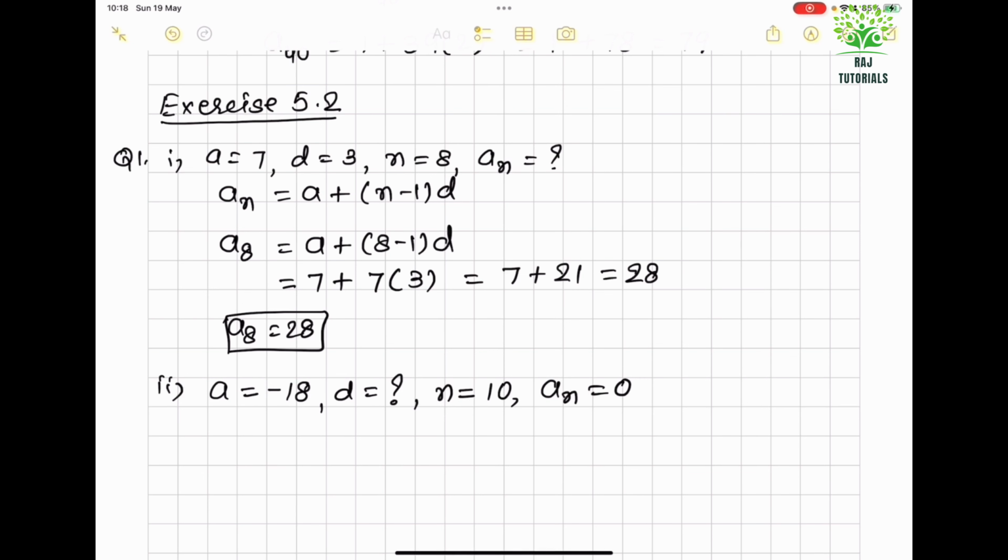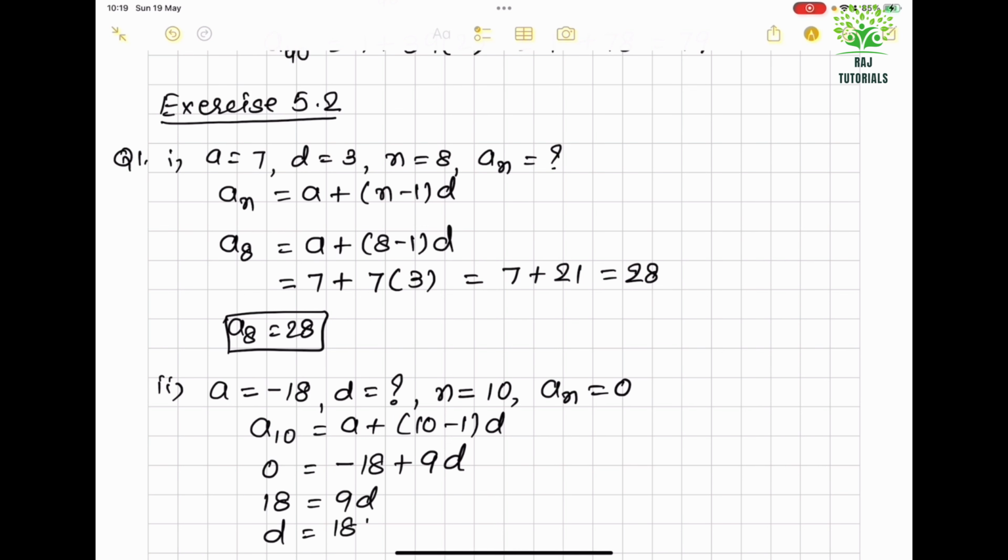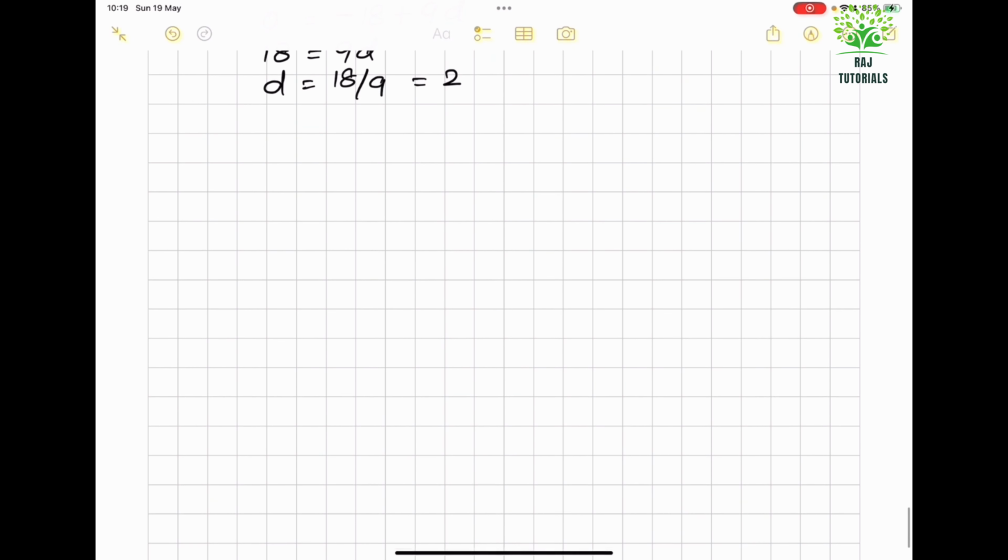So how can I do this? Again, A10 will be A plus (10 minus 1) D, because N is given as 10. So A10 is 0 equal to minus 18 plus 9D. If I bring minus 18 to this side, 18 equals 9D. D will be 18 by 9, so D will be 2.